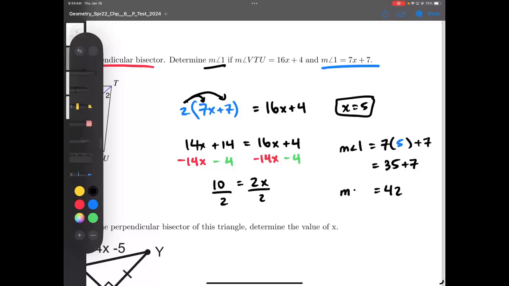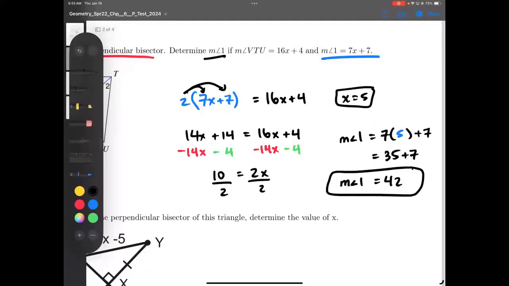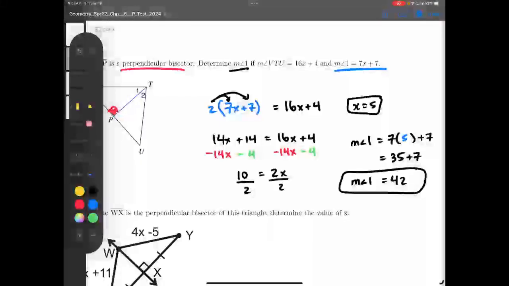Did we get that? Good? Okay, so the ideas there are the same, yes?